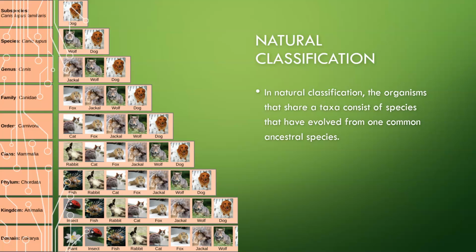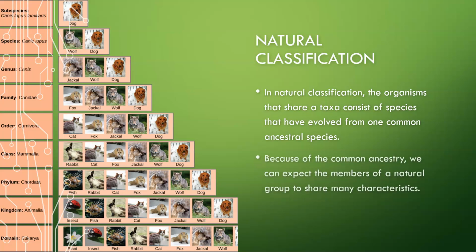If we look here, for example, at the genus Canis, we've got three different groups in the Canis genus: the jackal, the wolf, and the dog. They all have very, very similar features, but they are different animals, and it shows that they've come from a common ancestral species.